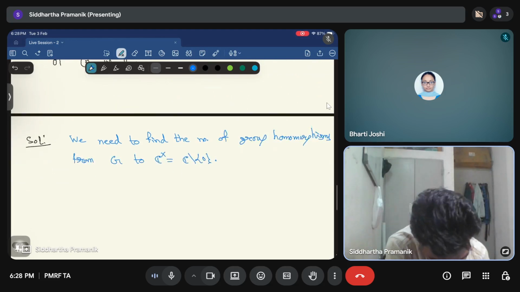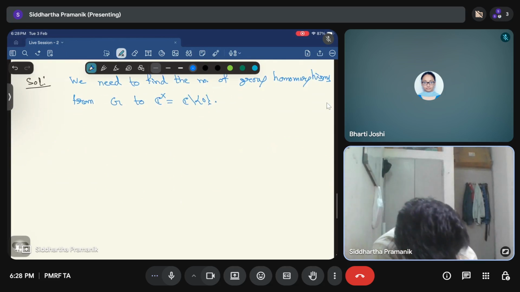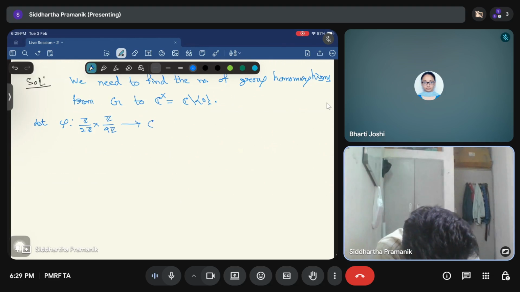So how to find this? So let phi from G, okay, let me write the group itself, Z mod 2Z cross Z mod 4Z, to C cross be a group homomorphism.